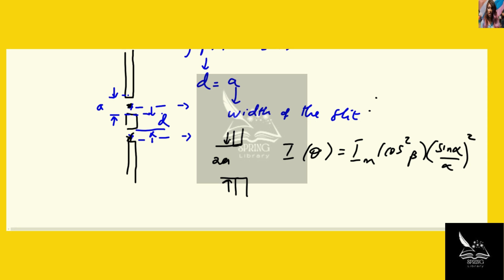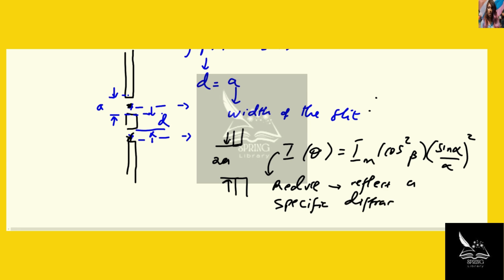We want to show that this equation is going to reduce and reflect a specific diffraction outcome. So that's what we want to solve.